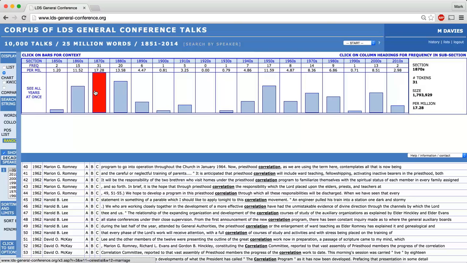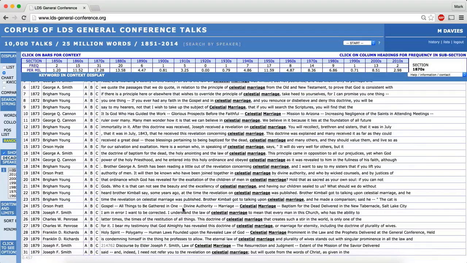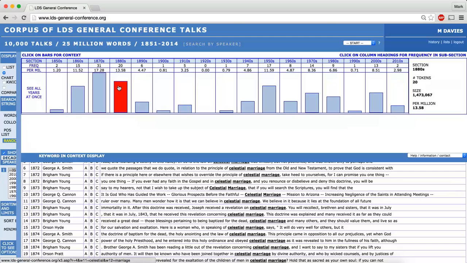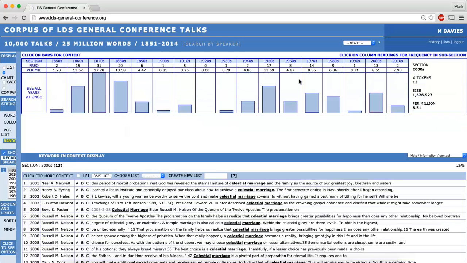What's going on here is if you look at the examples from the 1800s, celestial marriage refers to plural marriage. And then when plural marriage goes away in the late 1800s, the term celestial marriage goes away as well. And nowadays celestial marriage is used, it just means something quite different than it did 130 or 140 years ago.